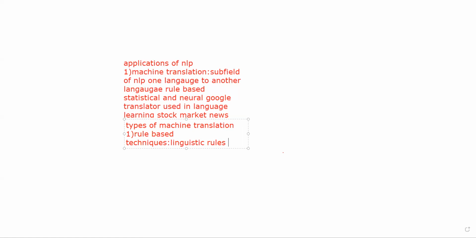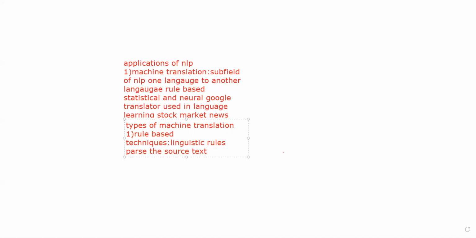Rule-based machine translation systems parse the source text and produce an intermediate representation, which may be parse-free or some abstract representation. The target language text is generated from the intermediate representation.